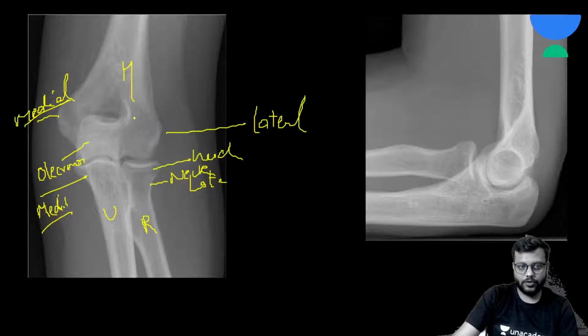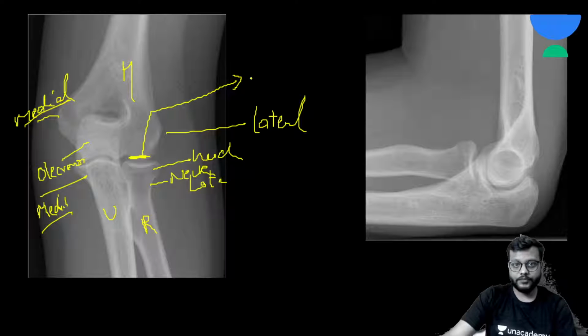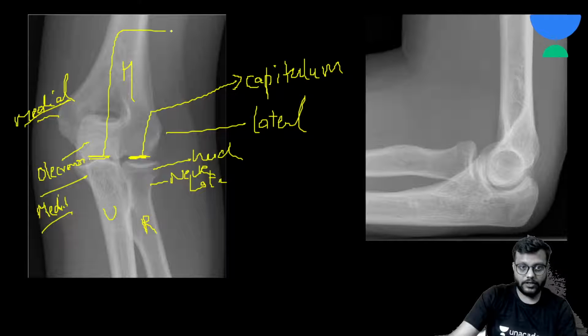Okay, these are the two condyles, and this part of the humerus is called the capitulum. Okay, and this part of the humerus here is called the trochlea.